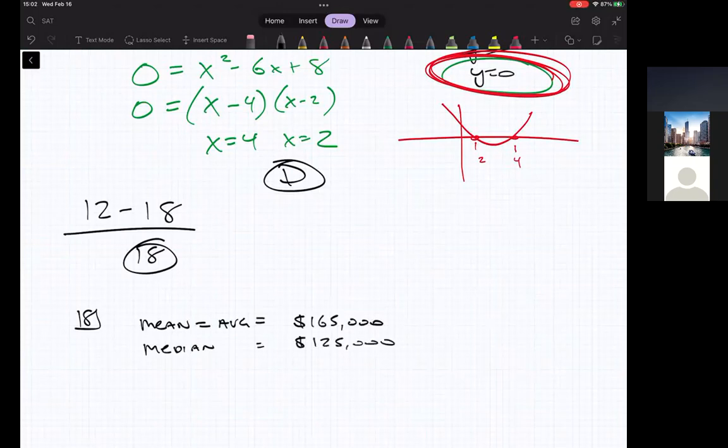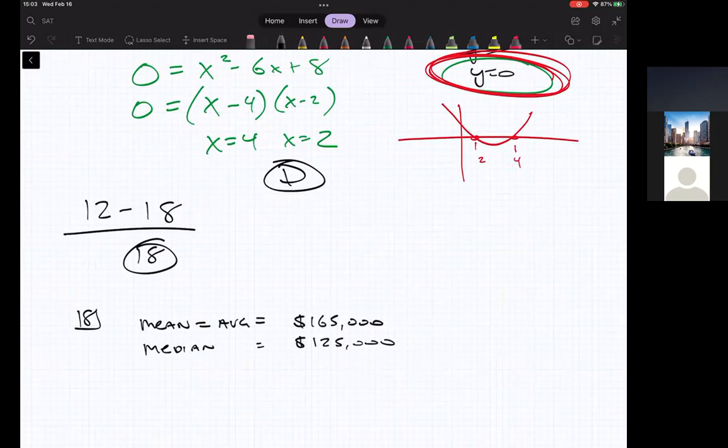Now, if the average is 165,000 and the middle, because median means middle, is 125, that means there's probably a couple of houses that are just way too expensive. So all of the houses cost like $100,000, and then someone built a $1 million house, and as a result, it threw all the numbers towards the $1 million house. Which of the following situations can explain the difference between the mean and median home values of the county?